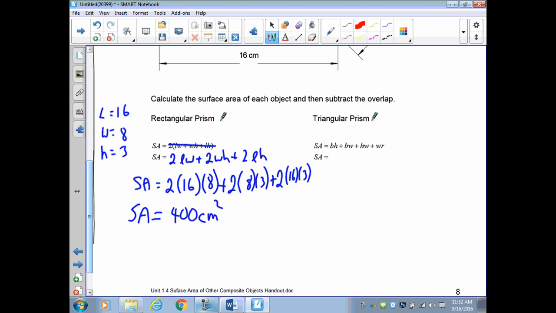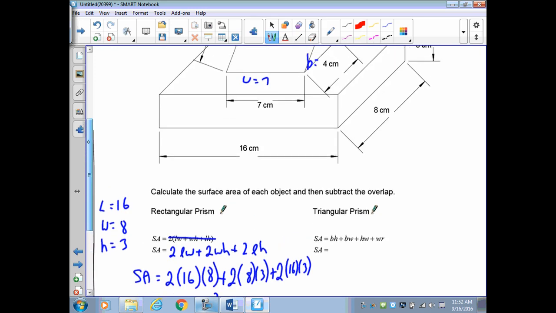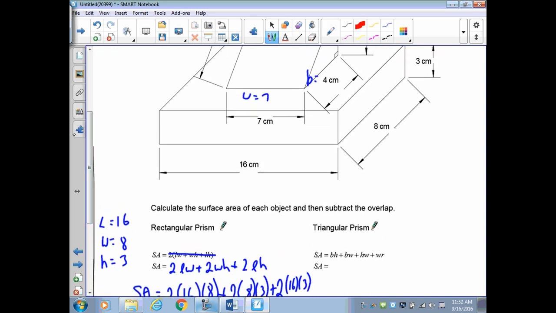Now let's go to the triangular prism. Again, information that I'm going to have, going back up so I don't have anything messed up here. I'm going to need that my base is 4. I'm going to have to know that my height is 5. I'm going to have to know that my ramp is 9. And I'm going to need to know that my width is 7.